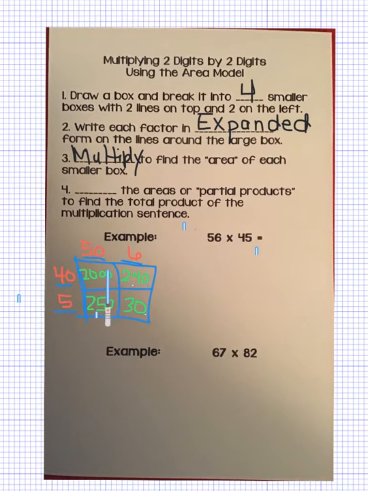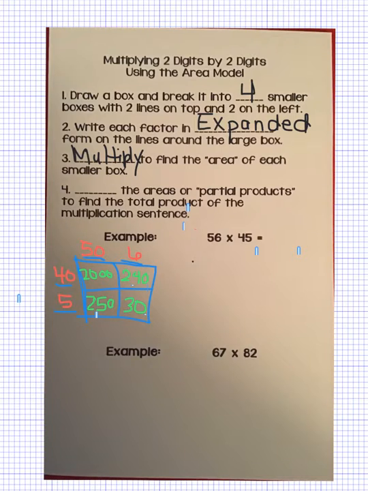Each of these boxes is now a partial product, a piece of the whole or total product. So I'm going to add all of these numbers up, and that's going to give me my actual product of 56 times 45.